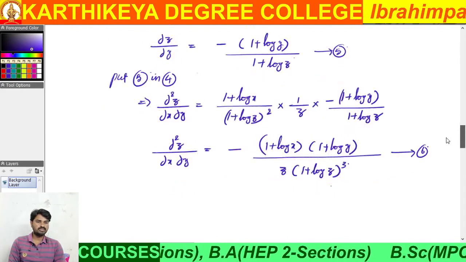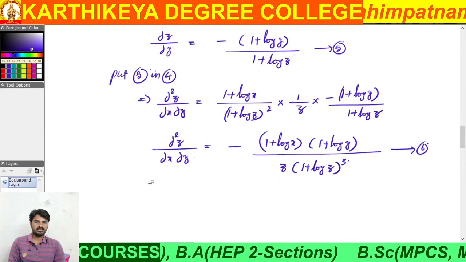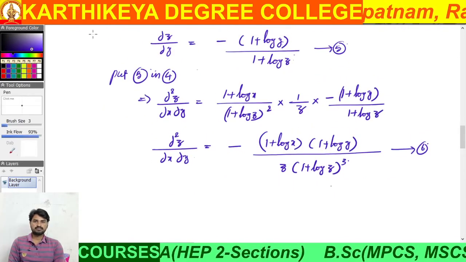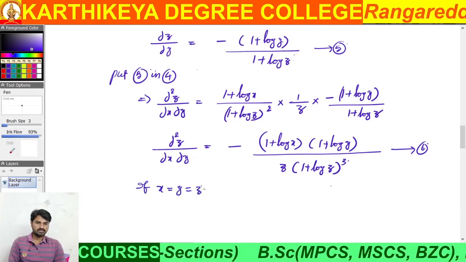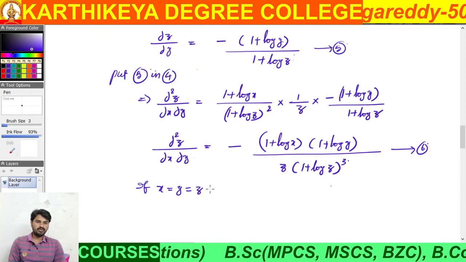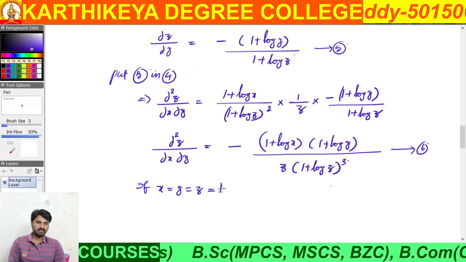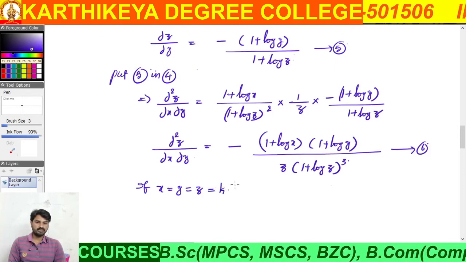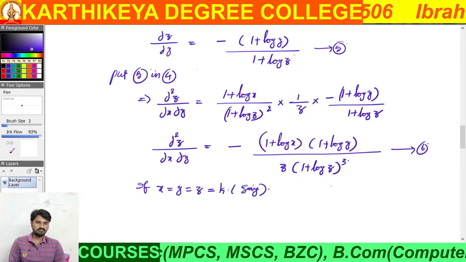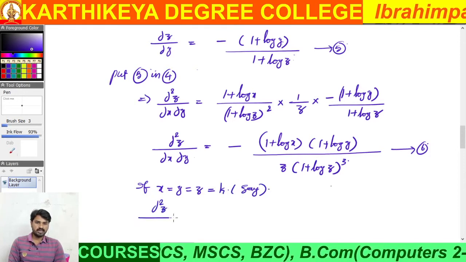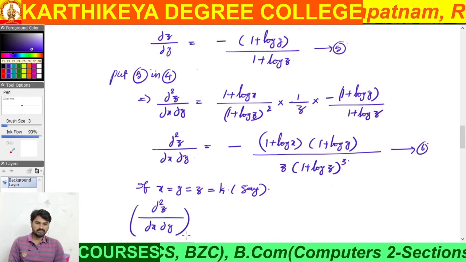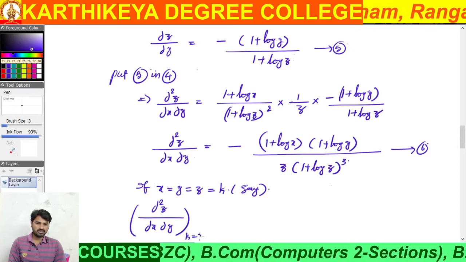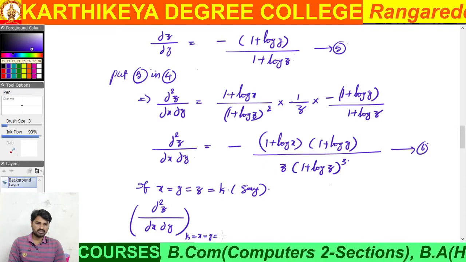So I am going to put all equal to some k. So dou square z by dou x dou y at k, where k means x equal to y equal to z.